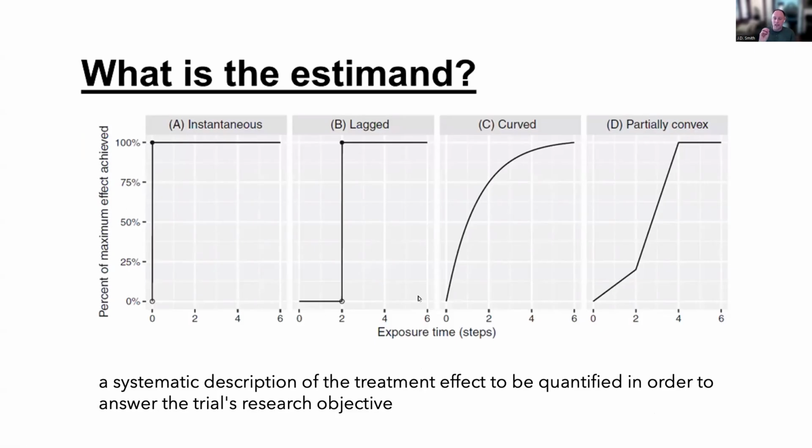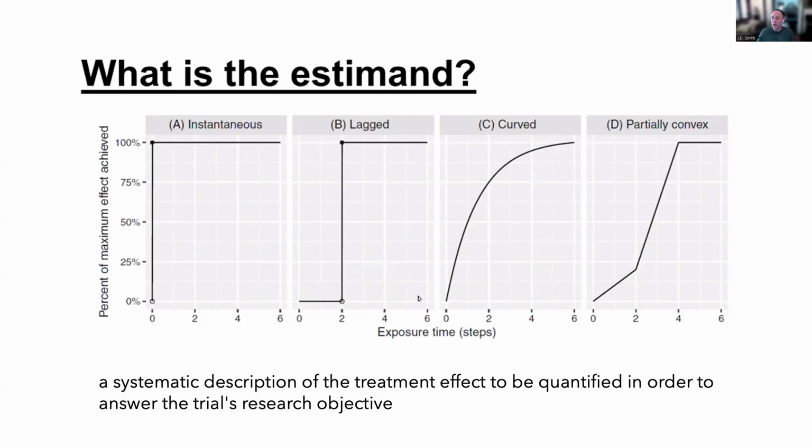This is the assumed effect for most types of analytic models that you would run to analyze a stepped wedge, which are typically linear mixed effects models, but there are others depending on the type of outcome that you have, of course. If you do not specify a different estimand, then those analytic methods will assume that what you're expecting is an instantaneous effect right at the point of the crossover that happens repeatedly across your rollout sequence.